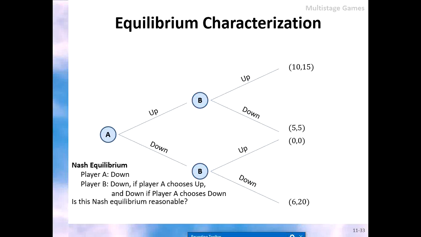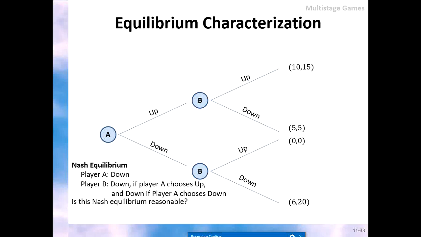Since neither player has an incentive to change his or her strategy, we have found a Nash equilibrium. In this equilibrium, player A will play down and player B will play down if player A chooses up, and play down if player A chooses down. The payoffs resulting in this equilibrium are 6 for player A and 20 for player B.